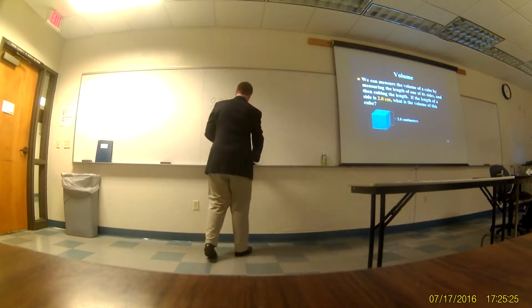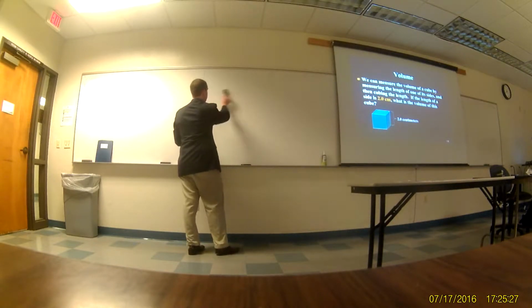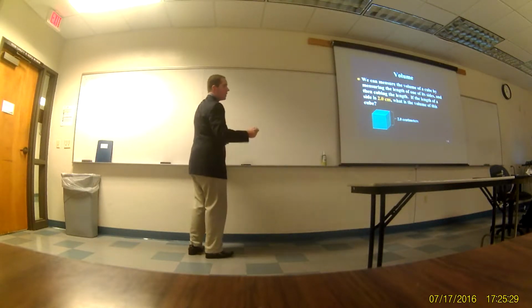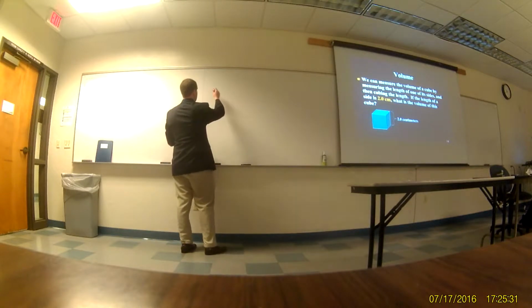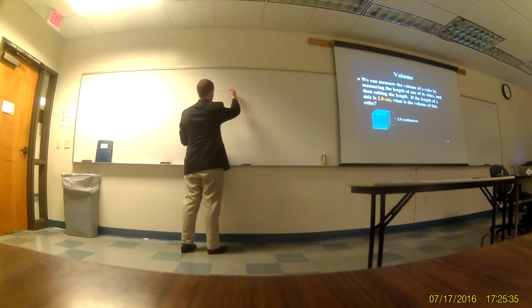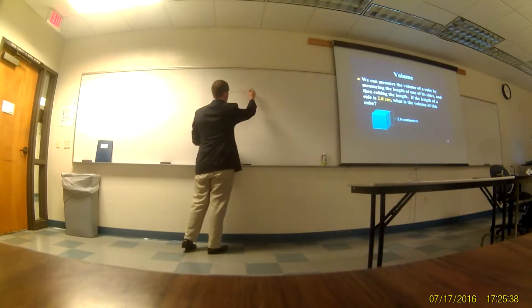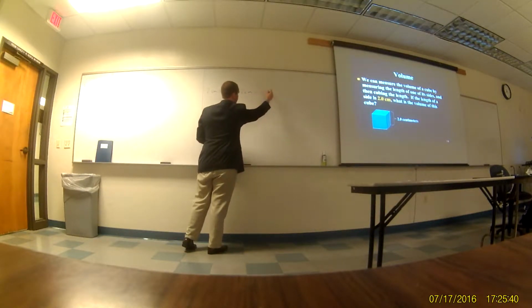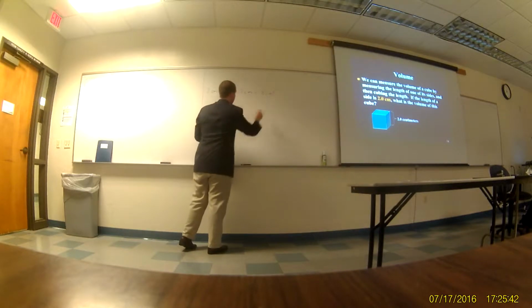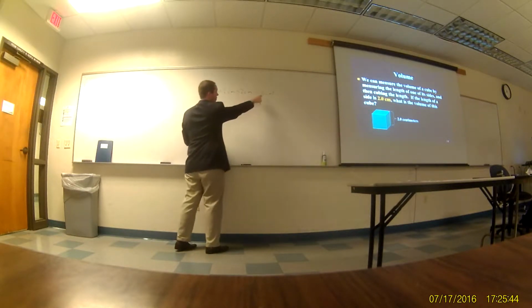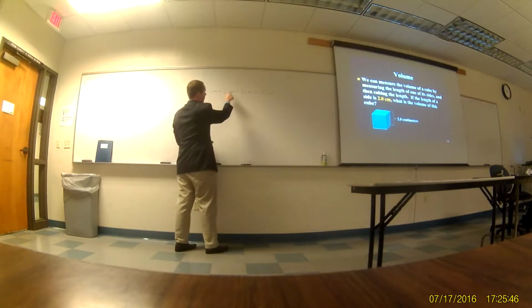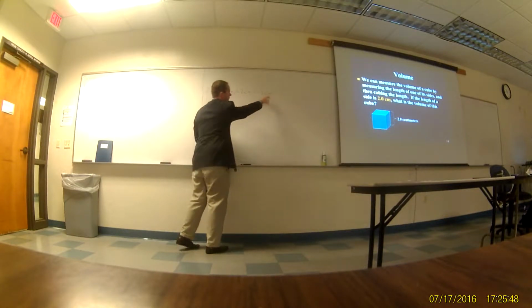What is my unit on that volume? Cubic centimeters, yeah. So we have 2 centimeters times 2 centimeters times 2 centimeters equals 8 centimeters cubed. Because 2 times 2 times 2 is 8, and centimeters times centimeters times centimeters is centimeters cubed.